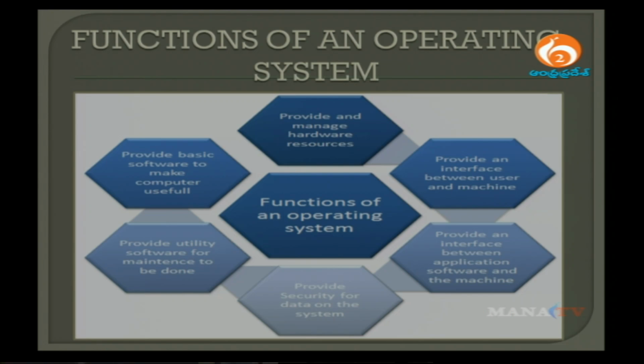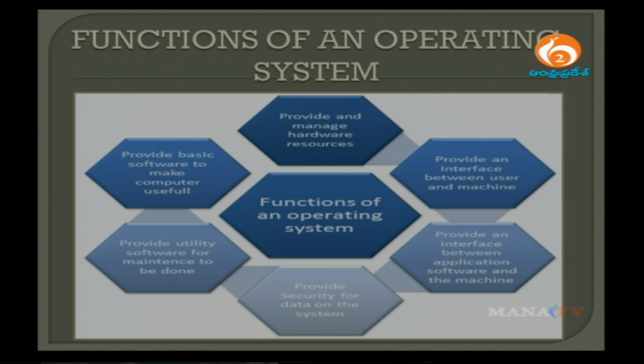Alright, so now let us see another slide which has a flow chart of what exactly the operating system does. Look in the middle, that is functions of an operating system, and you have a dark image on top of it, that is provide and manage hardware resources. This is the most important thing that the operating system does.